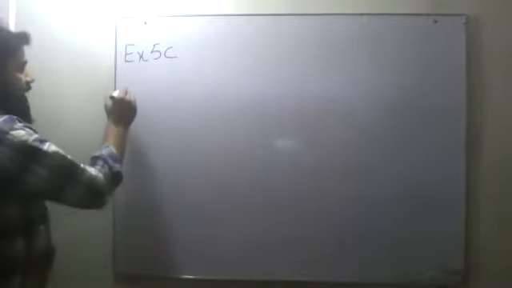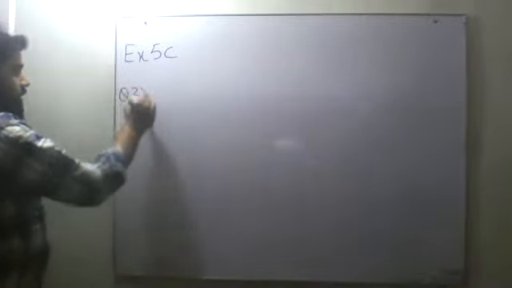Exercise 5C, question number 2 I'm going to talk about, beta. Question number 3 I'm going to discuss. Okay. The question says a bank charges 2.25% per month.